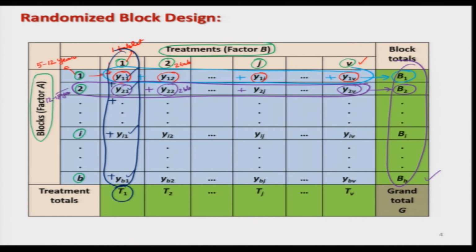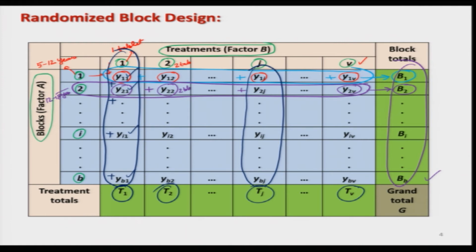So, finally, you will have the values T1, T2, say TV, and somewhere Tj, where you are summing all the units in your design which have been given the j-th treatment. So, now you have obtained this table in which you have arranged this data.